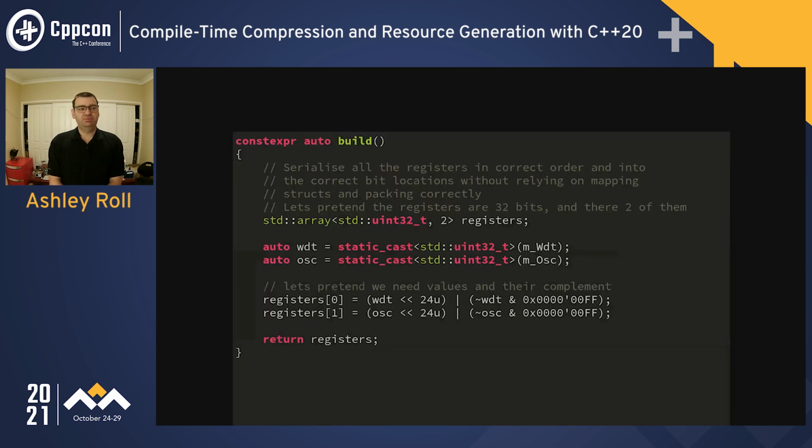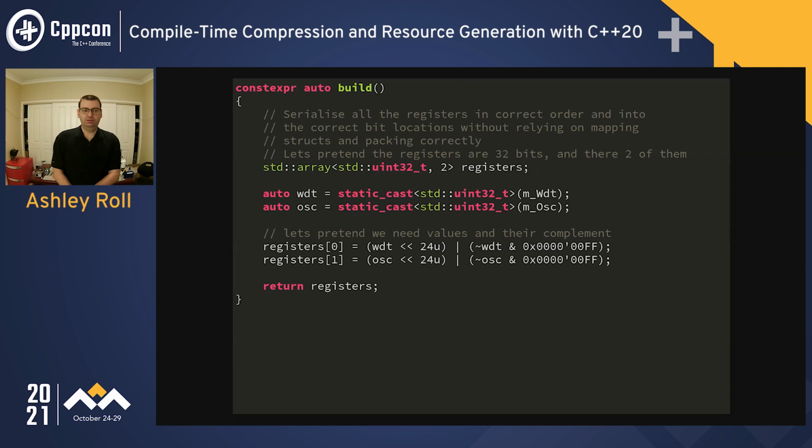So if we have a look at our build process, what we're going to do is pretend we have two 32-bit registers. We're also going to pretend that we need to do some computation on the values we put into those registers. For instance, we need the actual value and its complement in that register in different bit locations to show validity. And the process we go through is to allocate an array of the correct size.